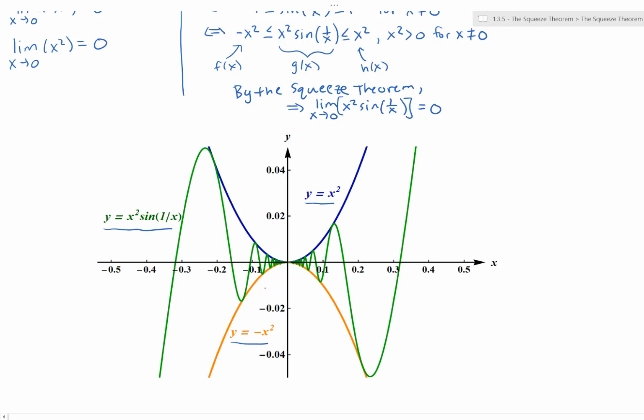As we can see, as we're getting close to 0, both of these functions, x squared and negative x squared, are approaching 0 as well. And our function, x squared sine of 1 over x, is trapped in between these functions near the location of x is 0 and also has the same limit. So that should all be consistent with what we just concluded above, and indeed it is.